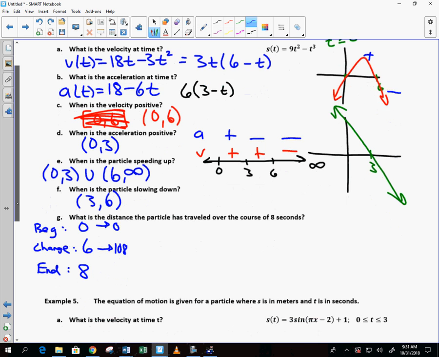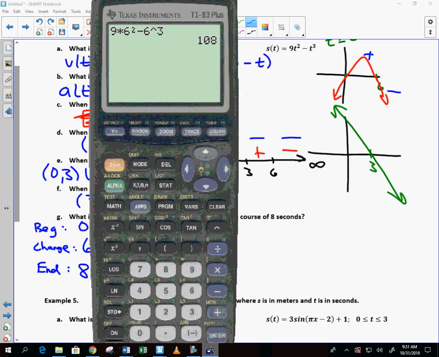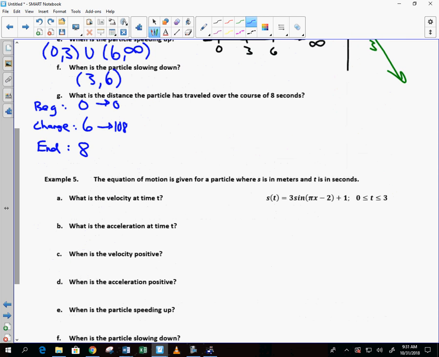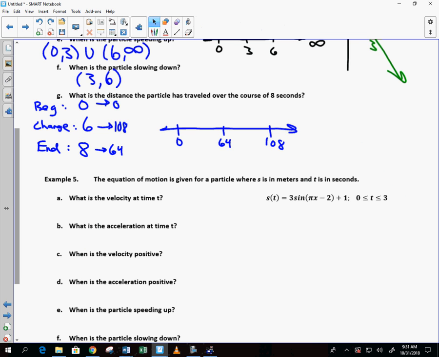And then at 8, we're going to plug in 8 and see what we got then. So 9 times 8 squared minus 8 raised to the third, and I get 64. So the object starts at 0, it moves to 108, and it moves back to 64. So the distance would be 108 plus whatever 108 minus 64 is.